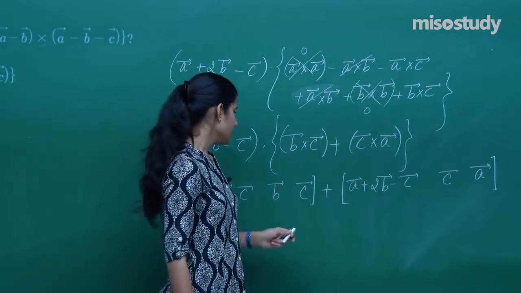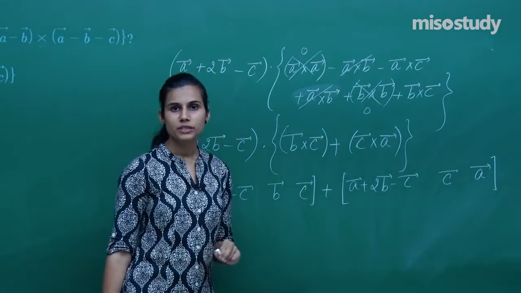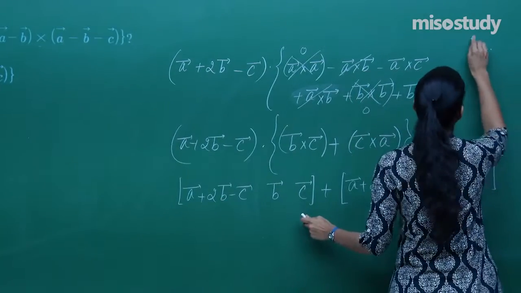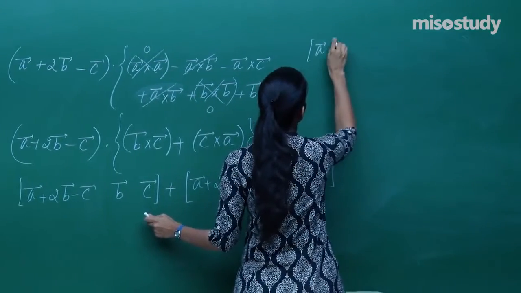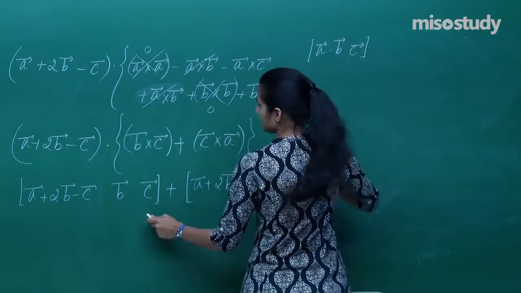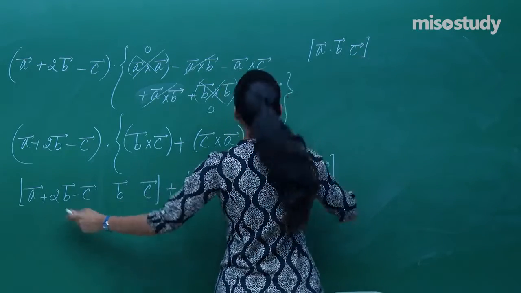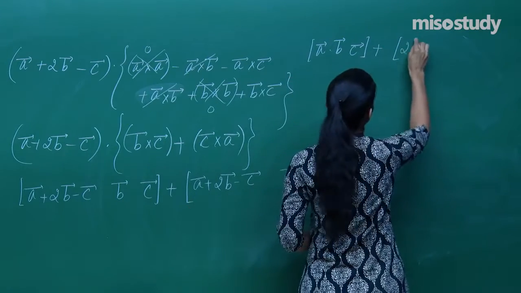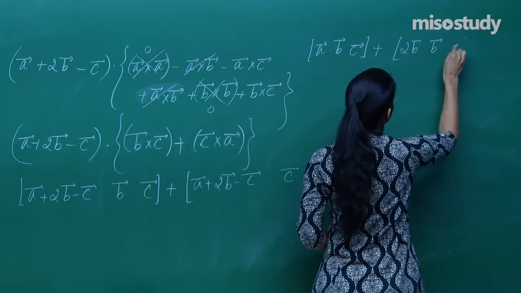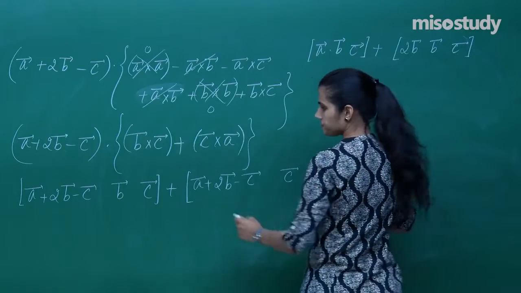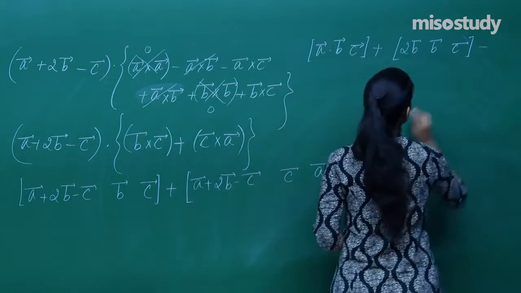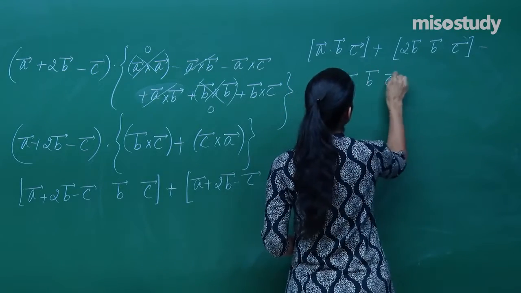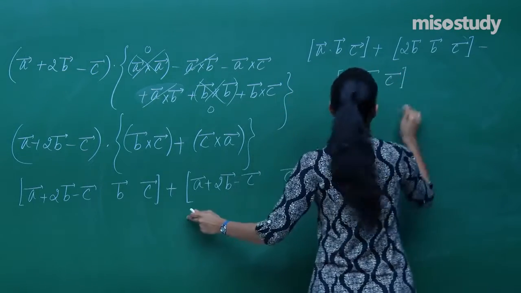Clear? And now comes the time to apply the properties of scalar triple product. What do they say? Scalar triple product of A, B, C plus scalar triple product of 2B, B, C minus scalar triple product of C, B, C. Come here.